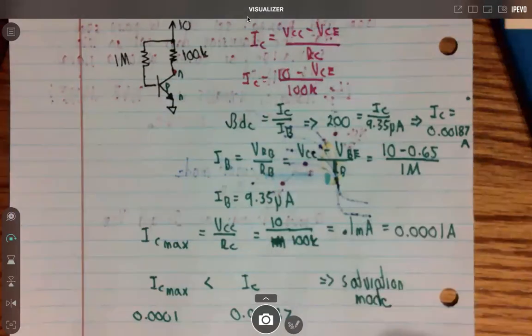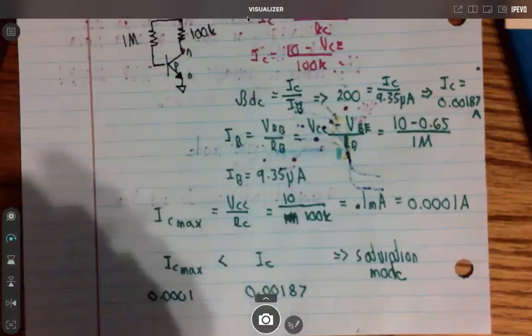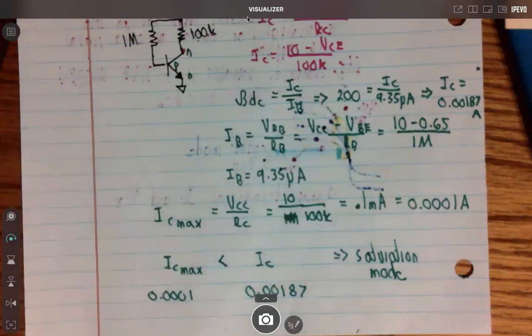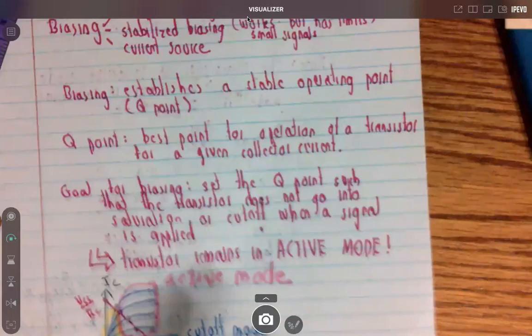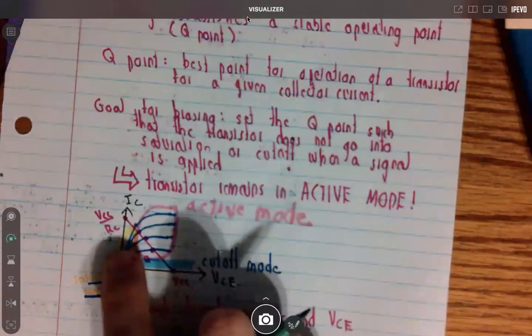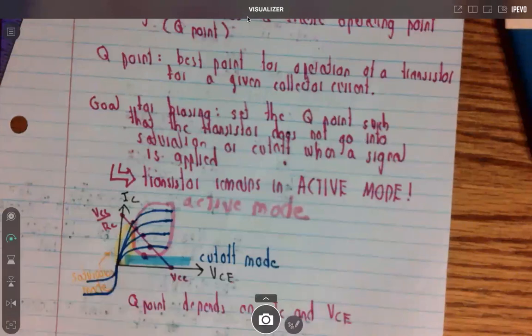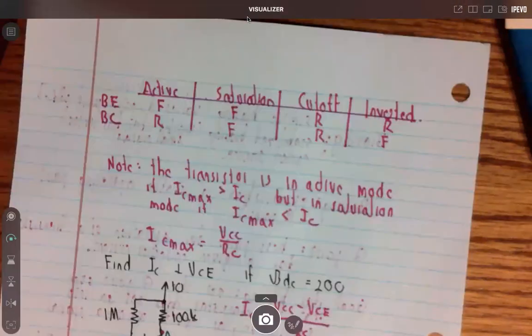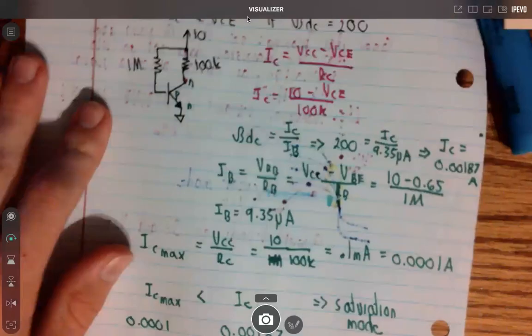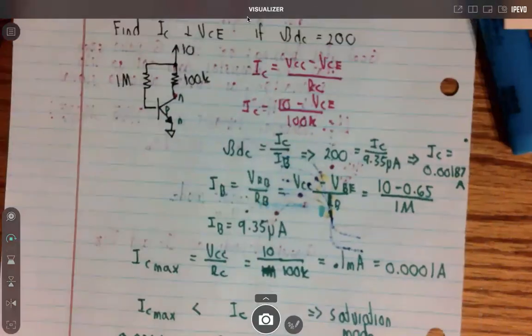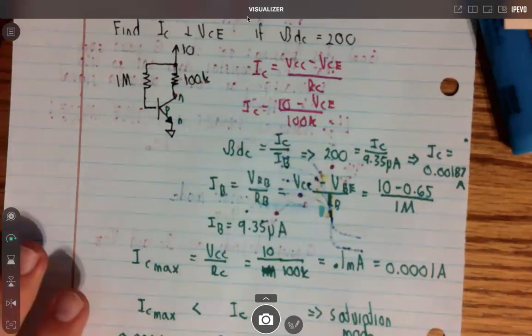And so if we're in saturation mode, what that means basically is from our DC curve here, we are not in the active mode region, we're in this buildup region. And so if we're in this buildup region, what's going to be given for IC then? Well, IC will just be, let me do this in a different color since now we're in saturation.